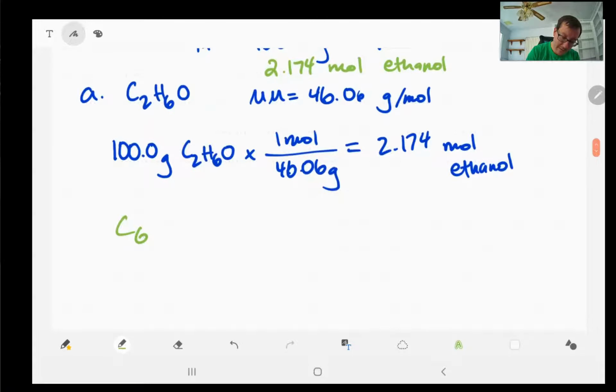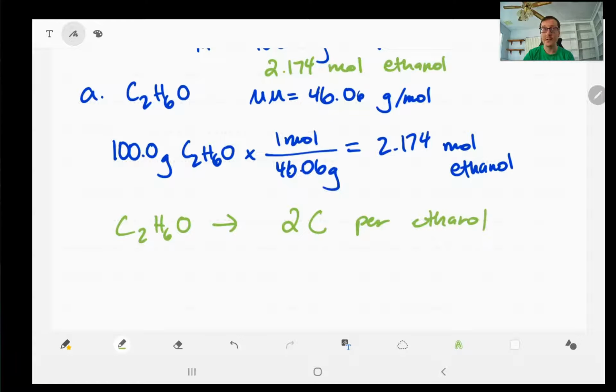So if we have C2H6O, that tells us that we have 2 carbons per ethanol, right? That's what the formula tells us. Remember that we can extrapolate this to say we can have 2 dozen carbons per dozen ethanols, or 2 moles of carbon for every 1 mole ethanol.